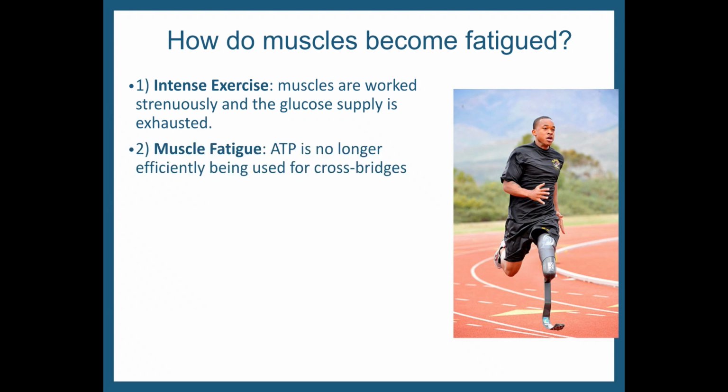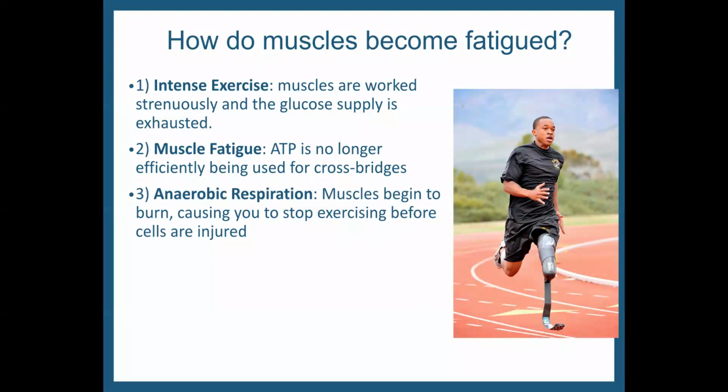Okay, so then comes step 2, muscle fatigue. The ATP is no longer efficiently being used for cross bridges, like we discussed in a previous video when we talked about muscle contractions. And then comes step 3. You go into anaerobic respiration.